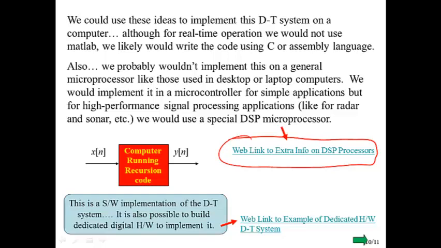So the idea is that we do this in MATLAB, but in the real world, we're going to need to implement this in something that we can put inside a radar system or a cell phone or something like that. So we need to have some sort of microprocessor or an FPGA or something like that that would allow us to implement this.